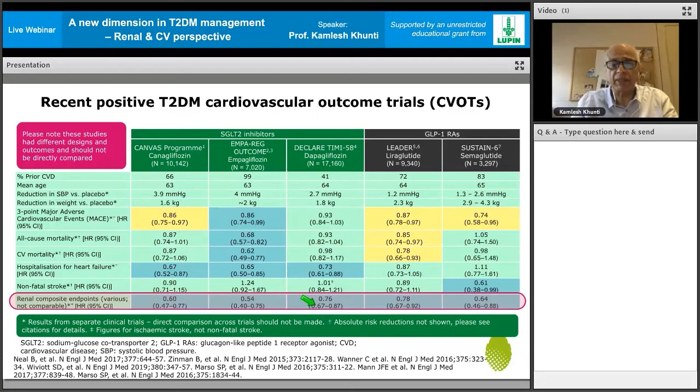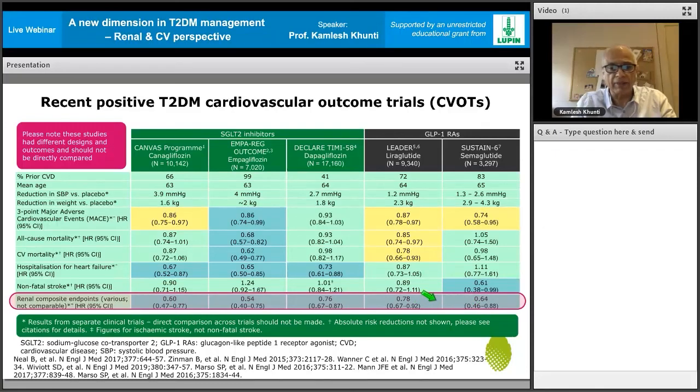In DECLARE-TIMI, about 60% didn't have established cardiovascular disease. So they had a lot of people with normal eGFR and lower cardiovascular risk factors. But even then, we see reductions. So for a broad population, we see benefits of SGLT2 inhibitors in people with diabetes. And this is LEADER and SUSTAIN.